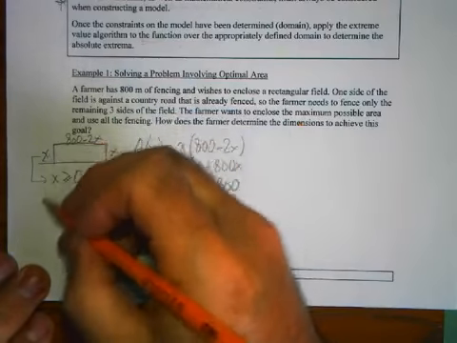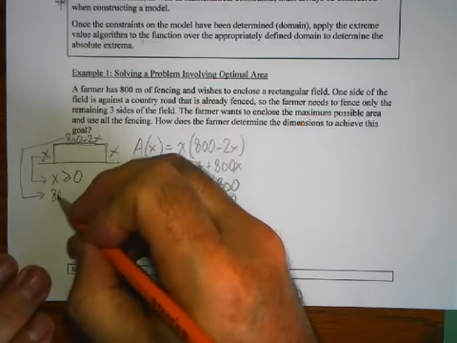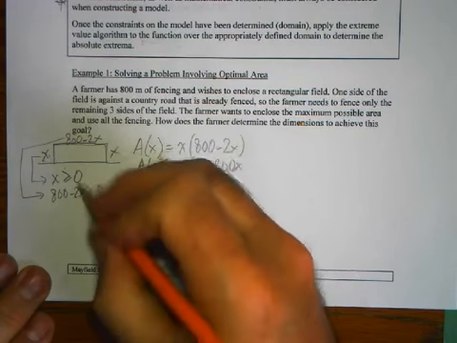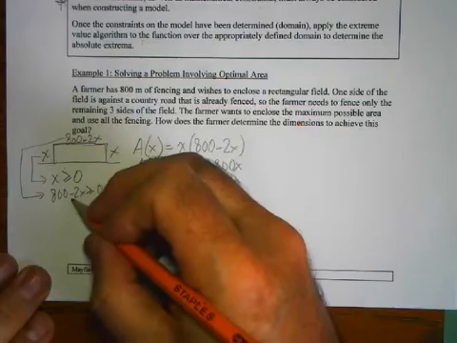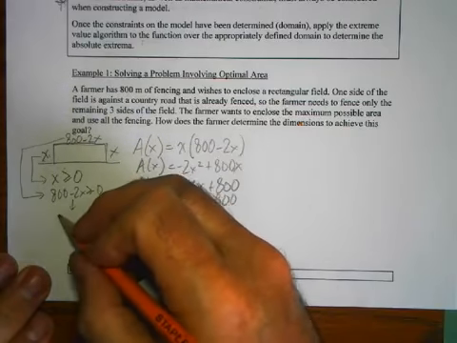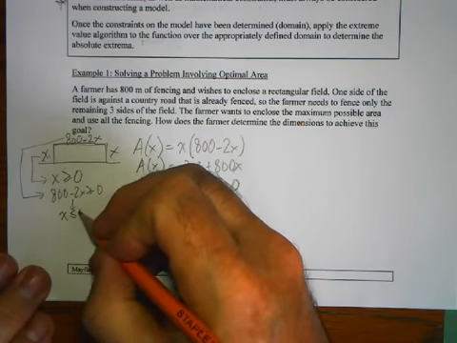x is greater than or equal to 0, and then from this one, you know that 800 minus 2x has to be greater than or equal to 0, because that's the other dimension. If we add 2x to both sides, we'll see that x has to be less than or equal to 400.